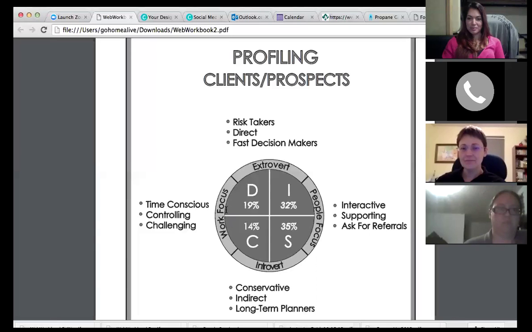The thing to remember about the I is that they are disorganized. They are very disorganized. If you go in an I's office, a flat spot is just a place to stack something. So if you're working with a prospect or a team member that's an I, write down the important things.